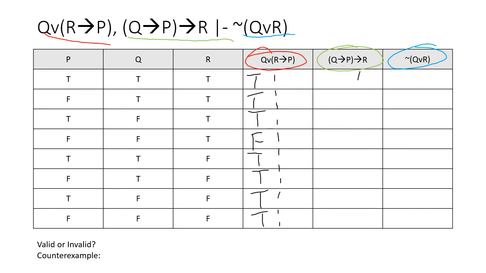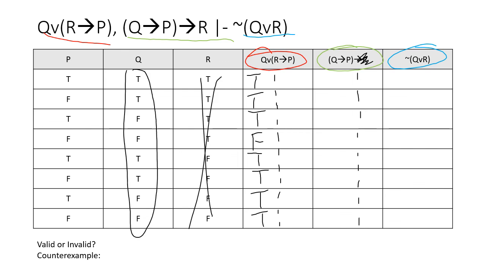Looking at the second premise, it also has 2 operators. So we'll want to do the arrow within the parentheses first. So we'll ignore this. And once again, we have to remember that this is our left side and this is our right side. This Q is our left side, P is the right side, so we have to make sure we read it the right way.